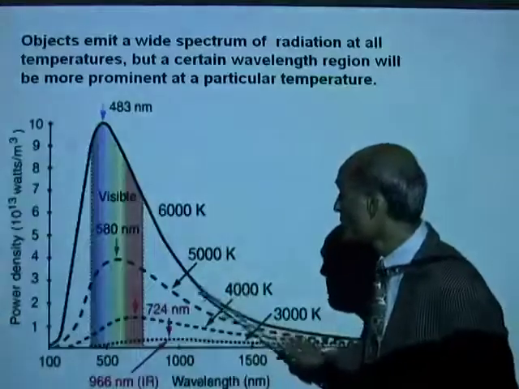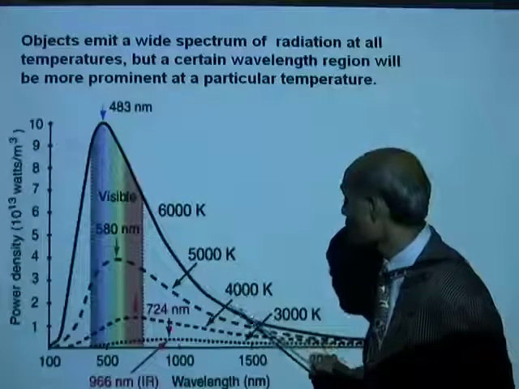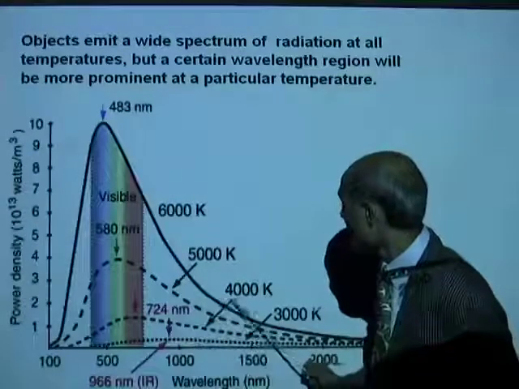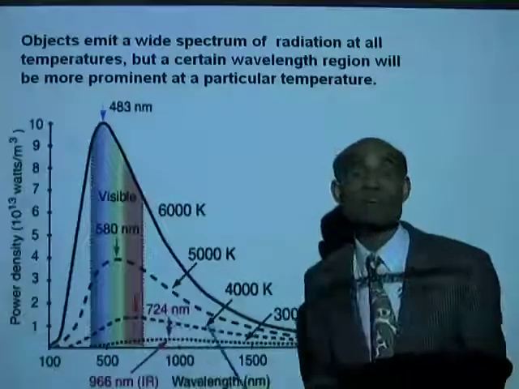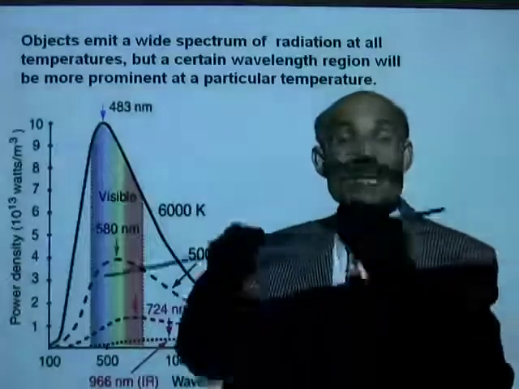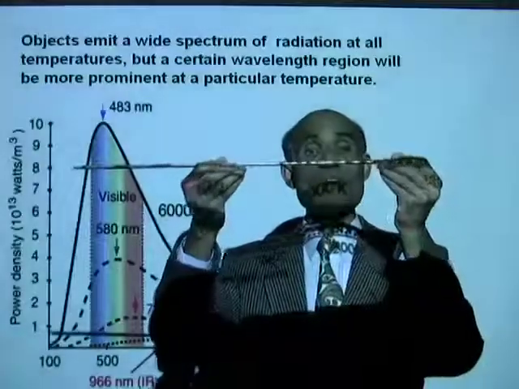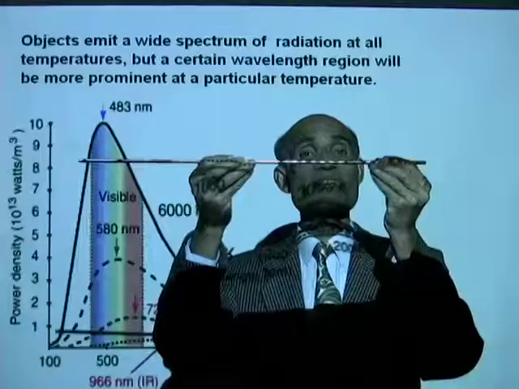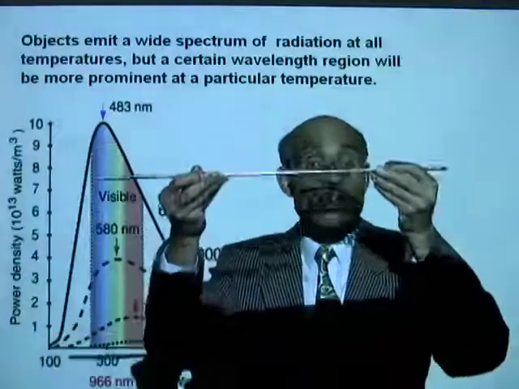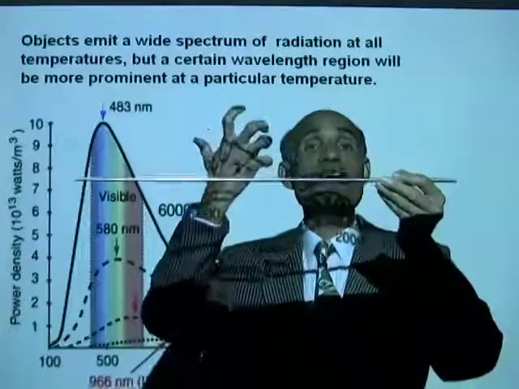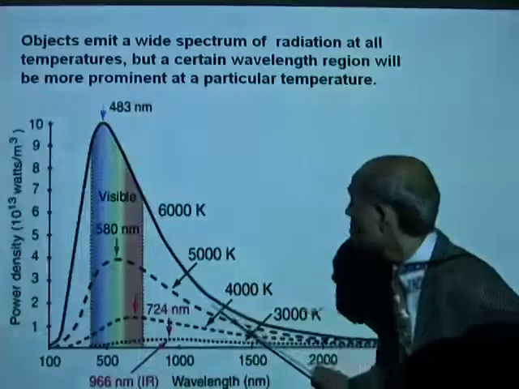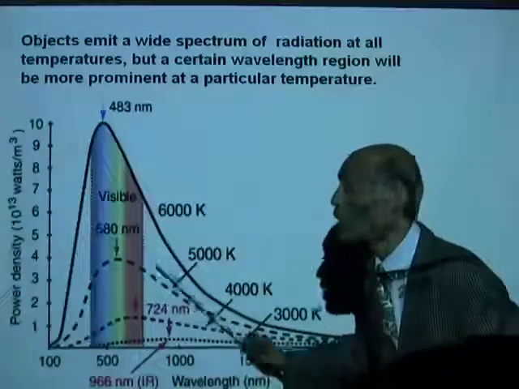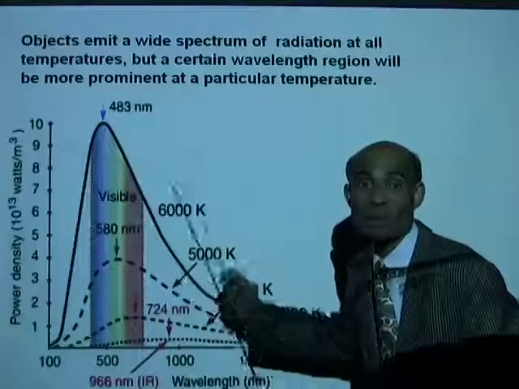The most prominent radiation at about 4,000 Kelvin is the infrared, the heat radiation. So if I heat this object to about 2,000 or 3,000 degrees Celsius, it will turn red. It will emit infrared radiation. So the most prominent radiation emitted by an object depends on its temperature. All right.